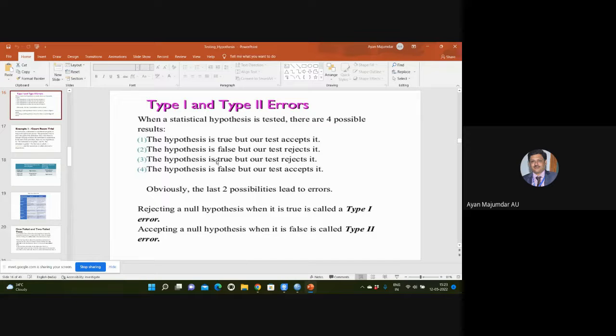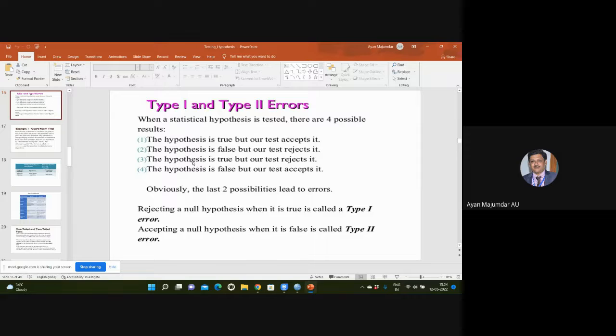That is also correct. But you think of a case where the hypothesis which you have taken, actually it is true, but the test result rejects it. The statistical result rejects your hypothesis. Or say, the hypothesis which you have taken, that is actually false, but your test result accepts it.